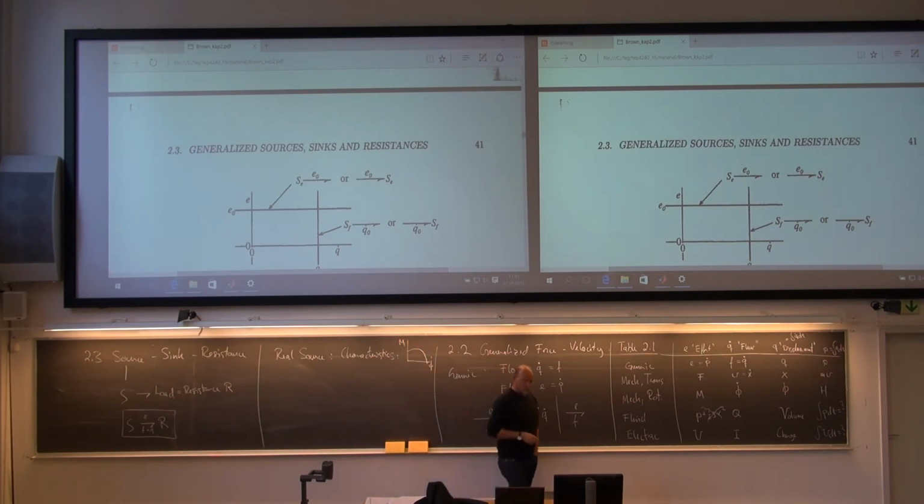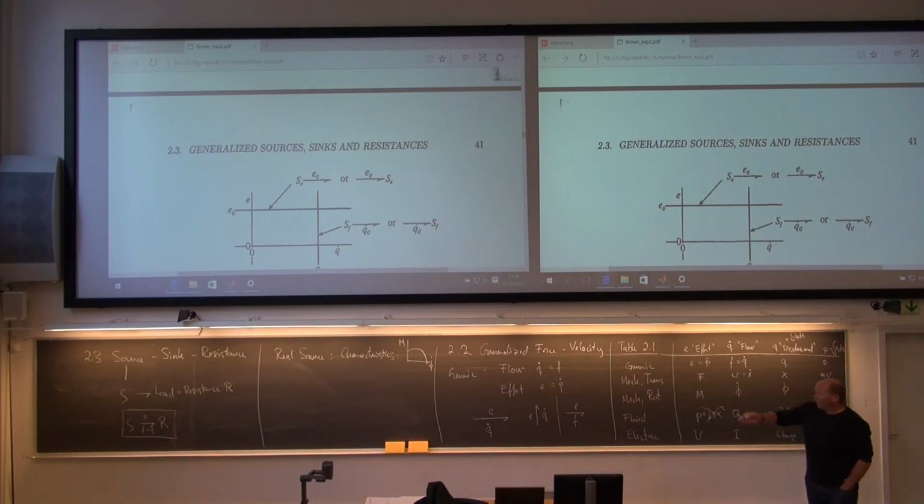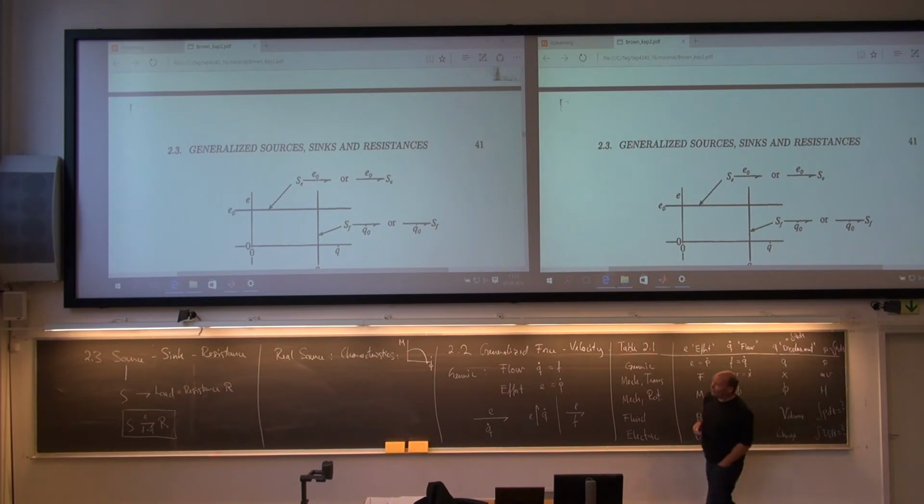For the rotating system, it's torque versus rotational speed. If it's a source for an electric system, it will be voltage versus current and so on. Some curve giving the real source behavior, you might say. What we are going to operate on is ideal sources.